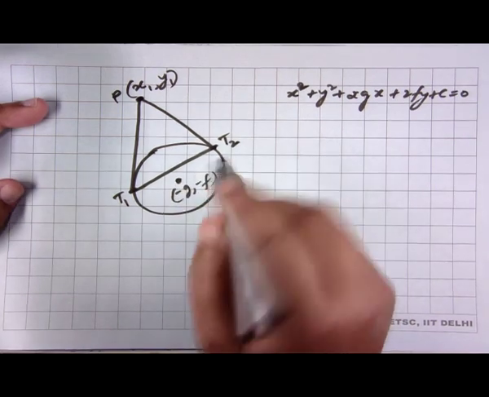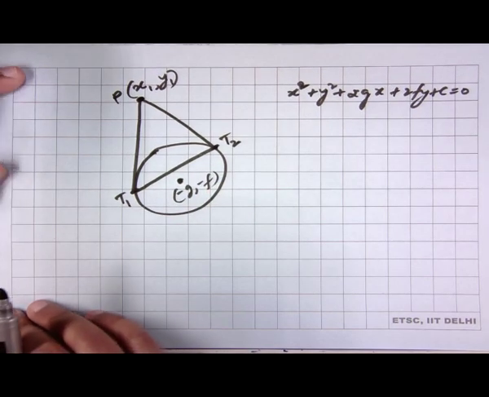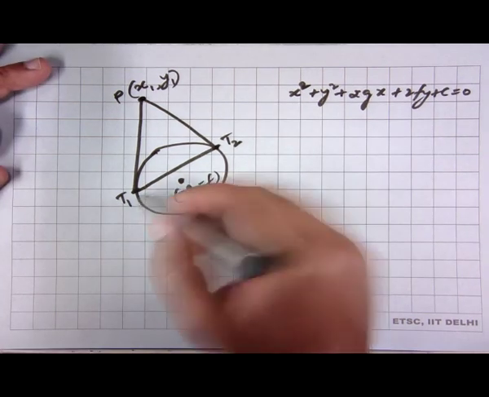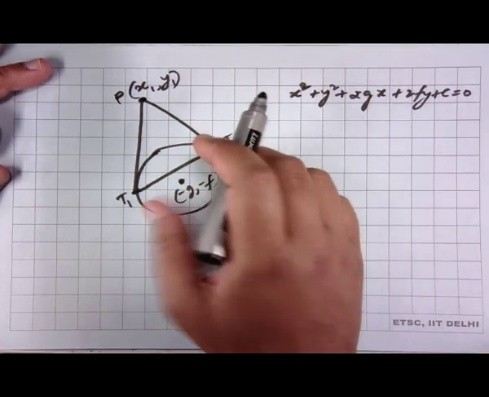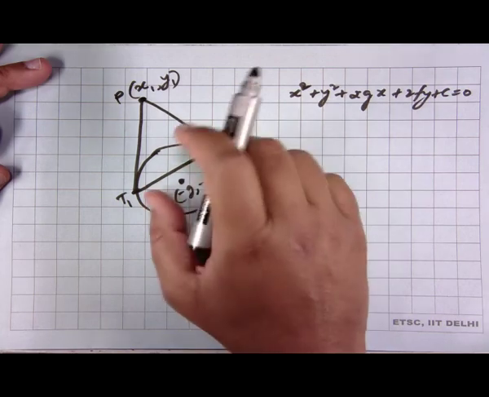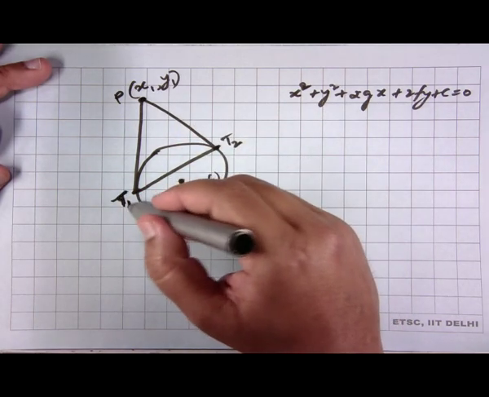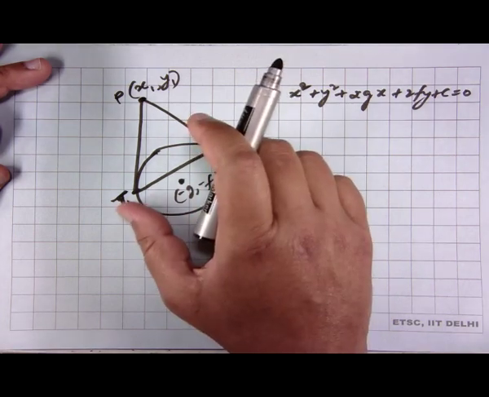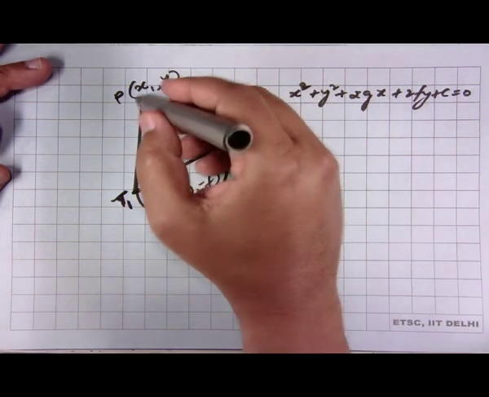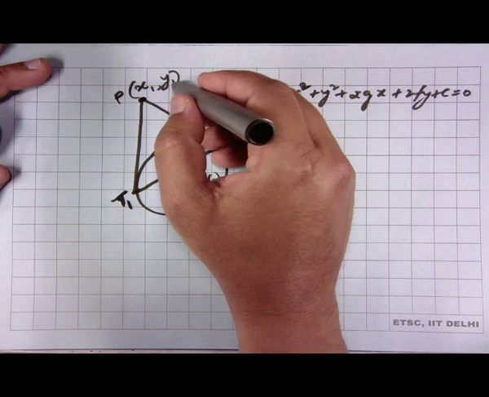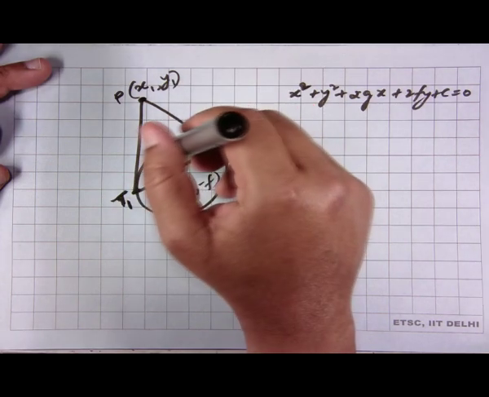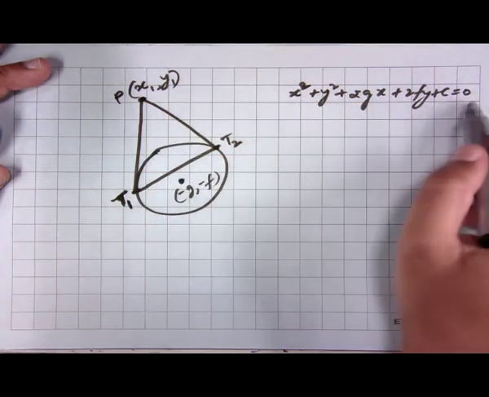So, the objective now is to find the equation of this chord of contact T1 T2 for a given point P outside a given circle having this equation.